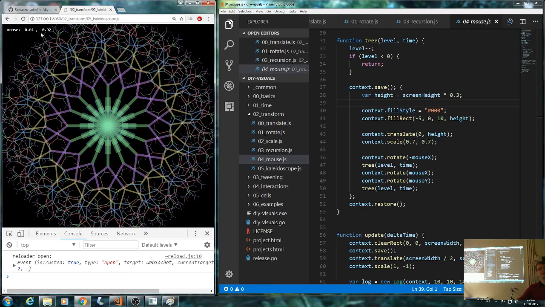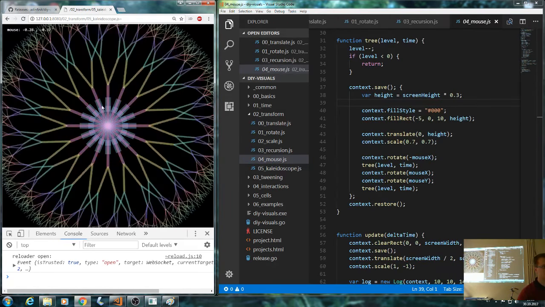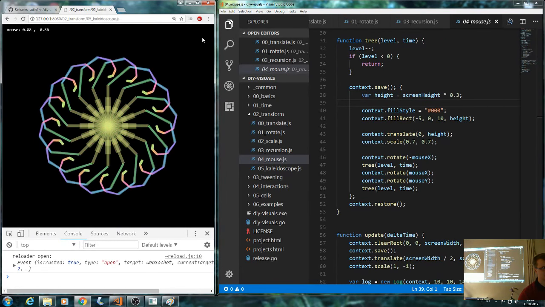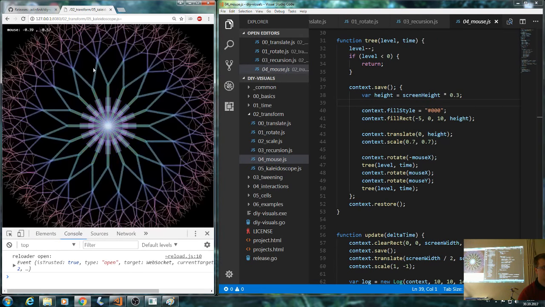So we keep on layering these different effects until we get these neat looking things, and it's quite fun to play with.